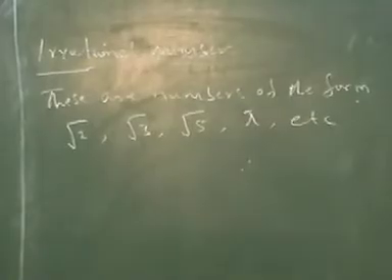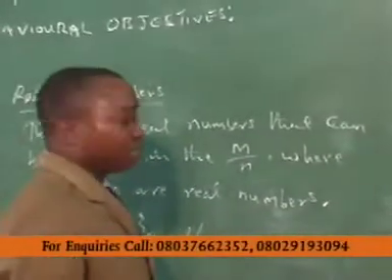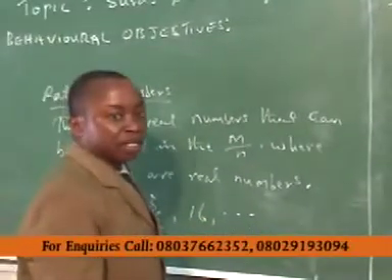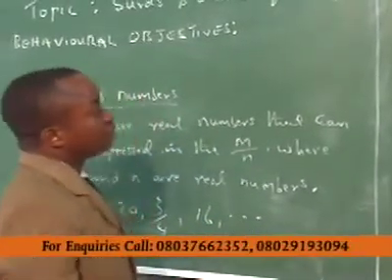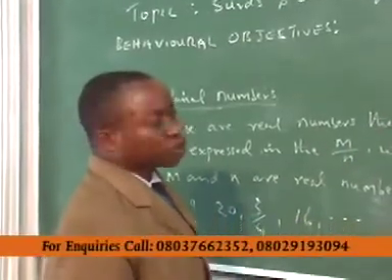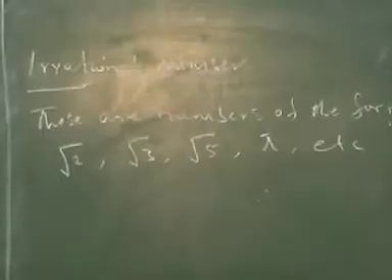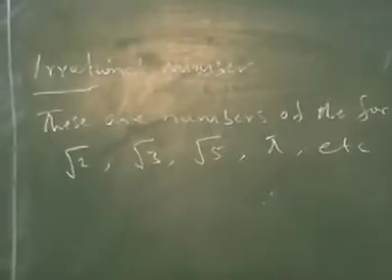So if a number is not rational number, then it is irrational number. Now you observe that in this irrational number, square root of 4 is not there, square root of 16 is not there, square root of 25 is not there. This is because these ones are perfect square.